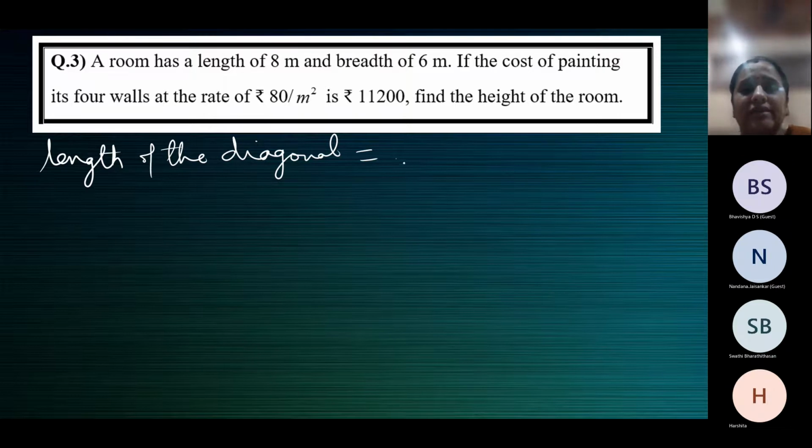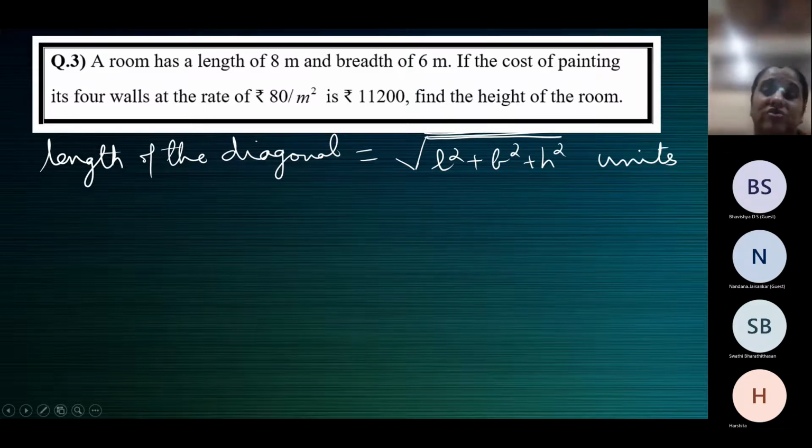Under cuboid you're writing, so I'm not writing "of the cuboid." So length of the diagonal is equal to square root of L square plus B square plus H square units. Same understanding. What is a diagonal?